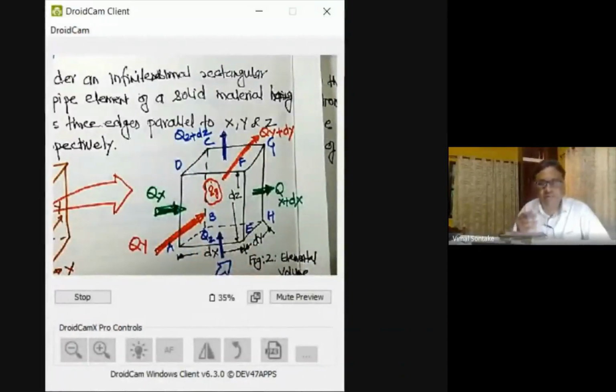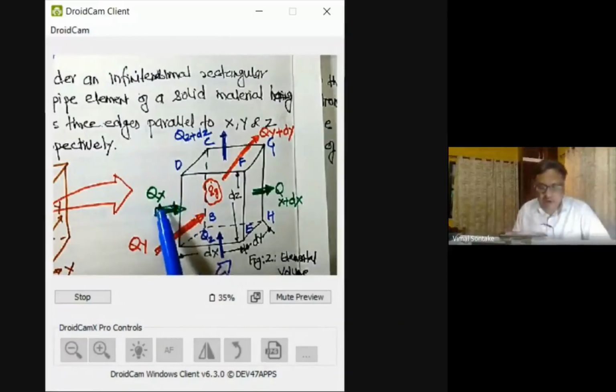Here for analysis I am considering a small interval d tau. This time interval may change because we have considered unsteady state heat transfer. So whatever quantity of heat I am taking and its rate I am taking into account, that will be applicable for this time duration d tau only. The moment the time interval changes, the heat transfer will also change because it is unsteady state heat transfer.